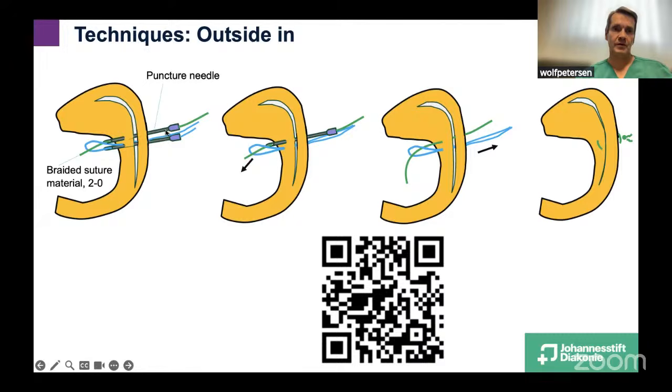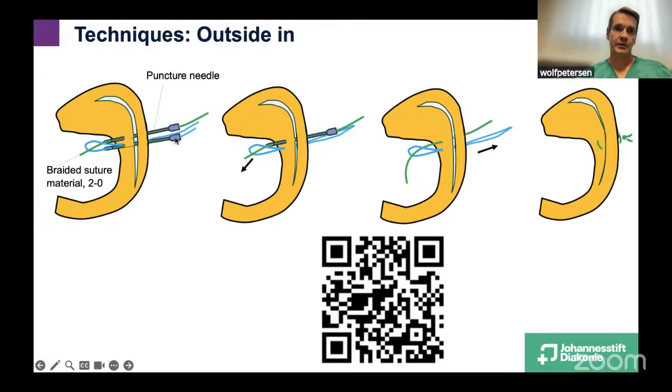You only need 2 cannulas or two puncture needles, and you penetrate the meniscus base with the first needle, and with the needle you can introduce the suture into the joint.